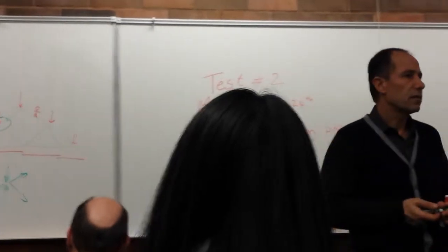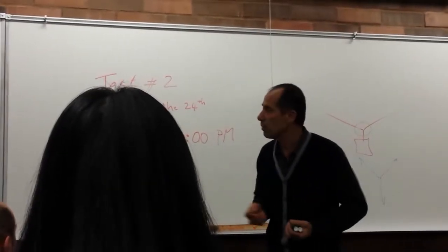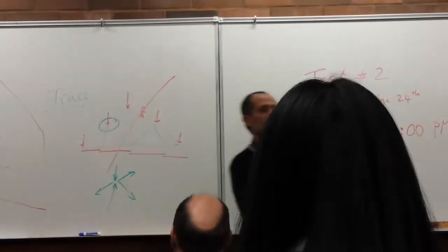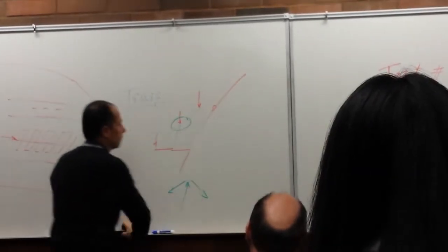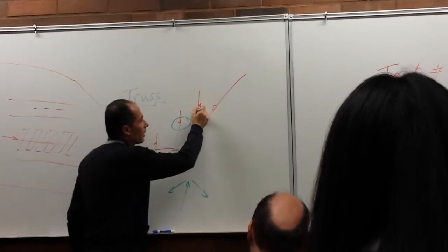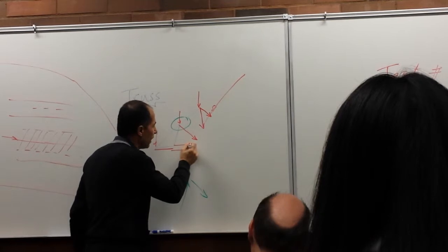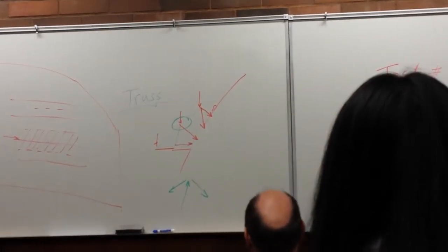Then, next week, we will go to method of section. Method of section in which I come closer and say, everything from here, this is an element, here is a vector. This is the element, here is a vector. This is the element. Any element that I cut, I replace it with a vector.